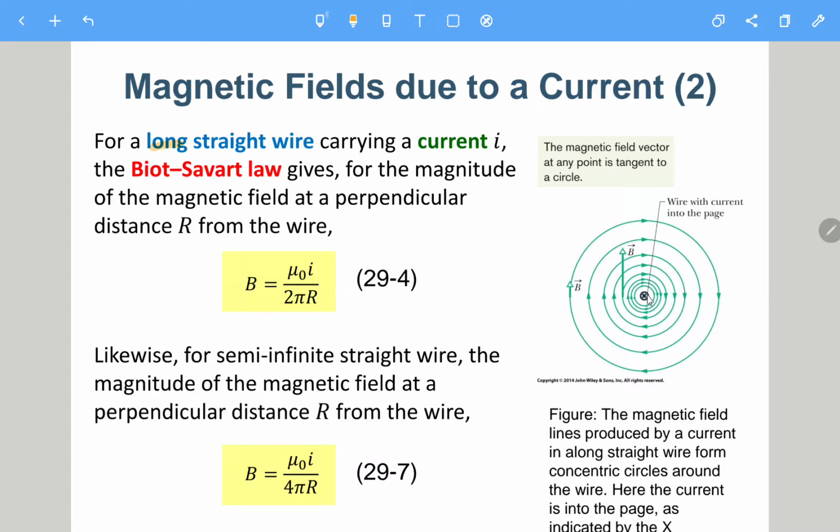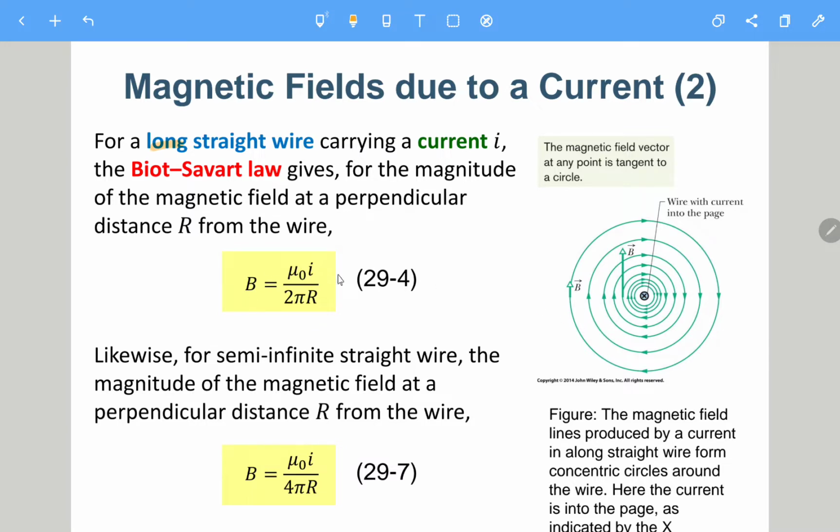For this case, it will generate the magnetic field. The green lines are the magnetic field lines. You can see the region close to this current is denser, so the B field here is stronger, and the B field far away from the current will be weaker and weaker.